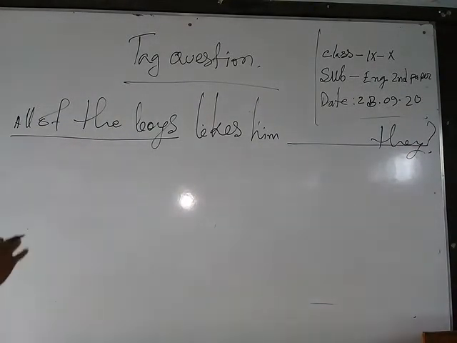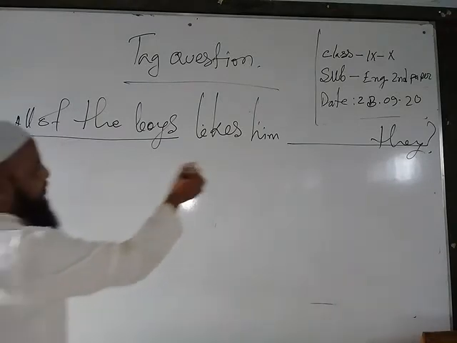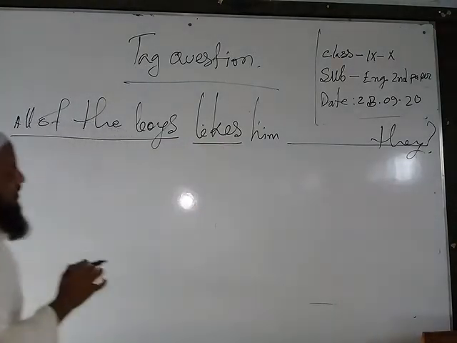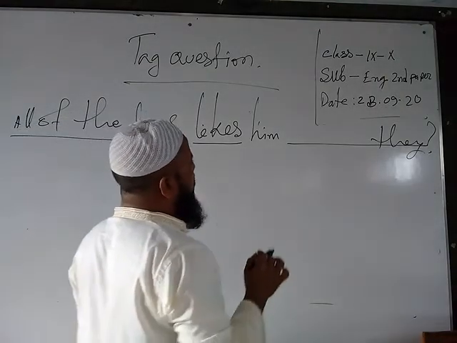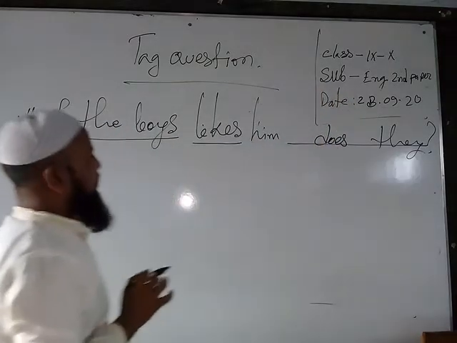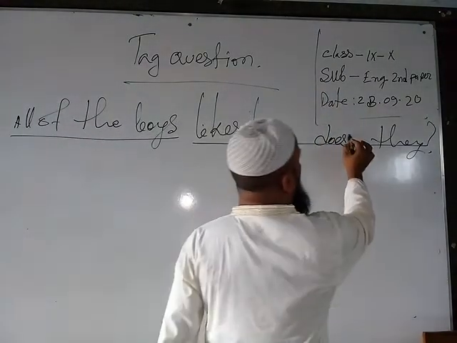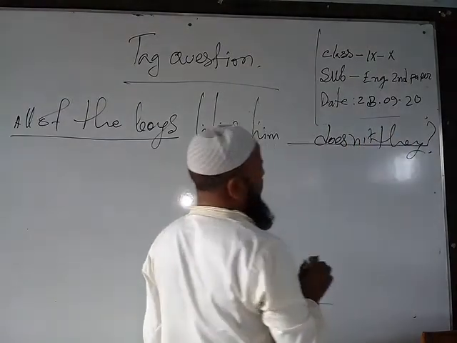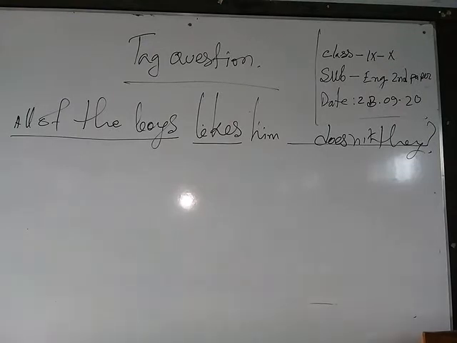And here there is no auxiliary verb. Here is only one verb, that is likes. This verb takes es, so we use does as the auxiliary verb. And the sentence is affirmative, so we use not, apostrophe t, n't. That means the final answer is doesn't they. Exactly.